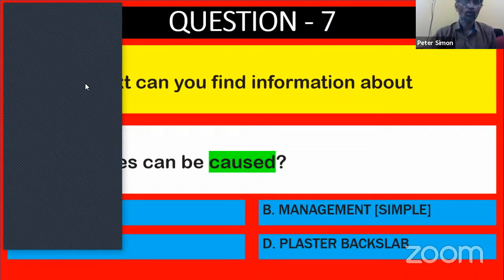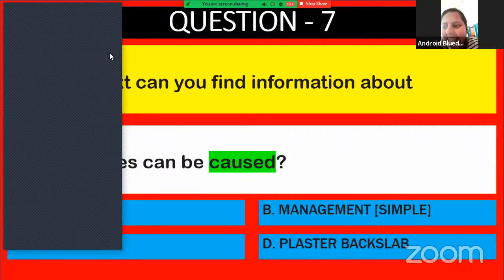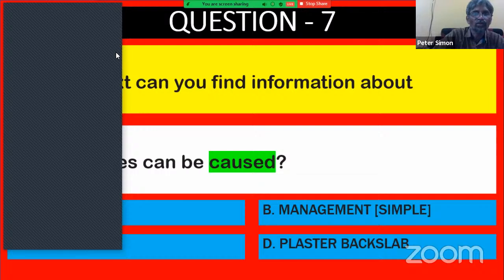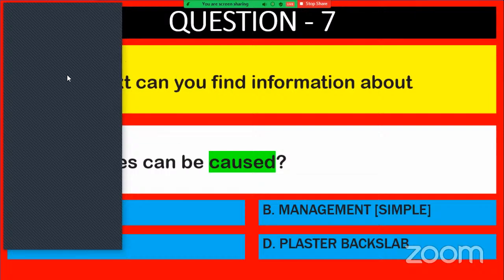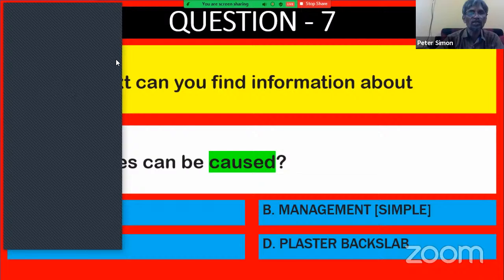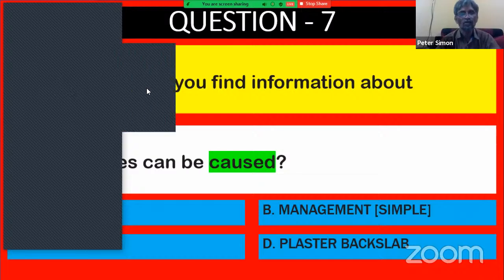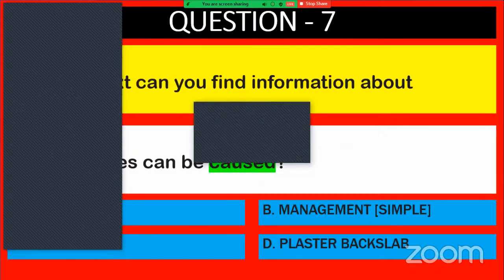Right. Android Blue Droid. What is this Android Blue Droid? Wonderful name. Hello, Mr. Android. Hello, sir. Who is this? This is Anju Serin, sir. Okay, Anju, you can stop your video. What is the second name? Serin.